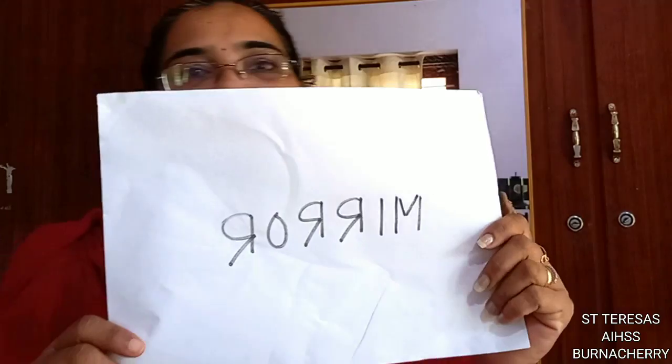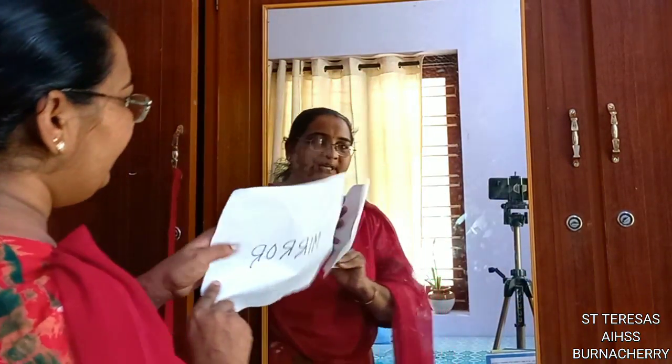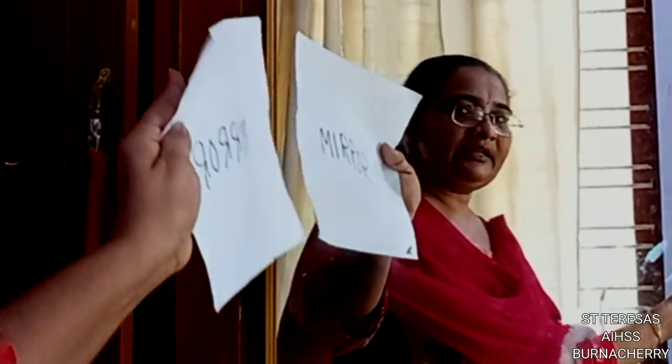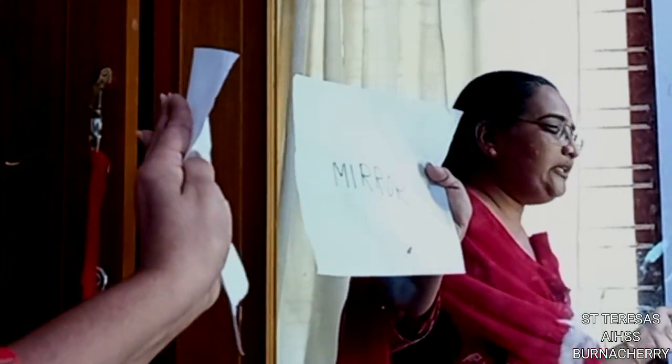That is because in the rear view mirror, when we look inside, if the ambulance is coming from behind, you can read it straight. For example, I have written mirror in the opposite direction, but when I keep it near the mirror, you can read the word mirror inside, isn't it? So this is called lateral inversion.